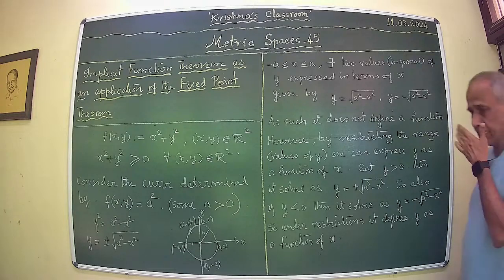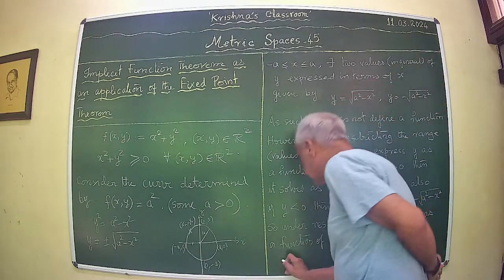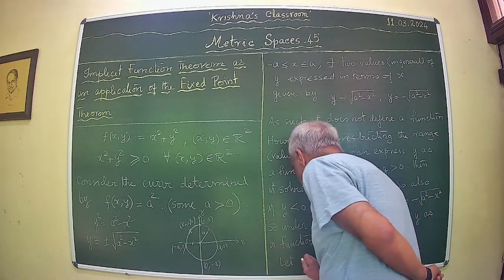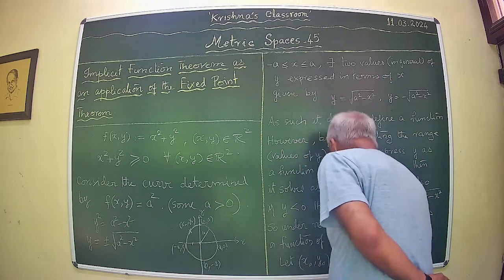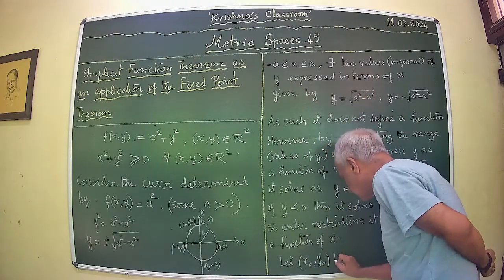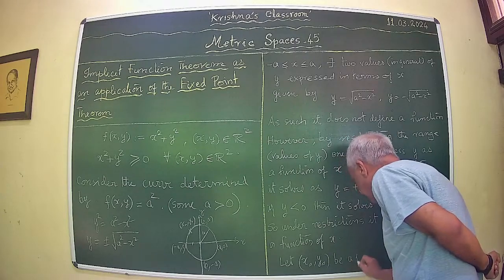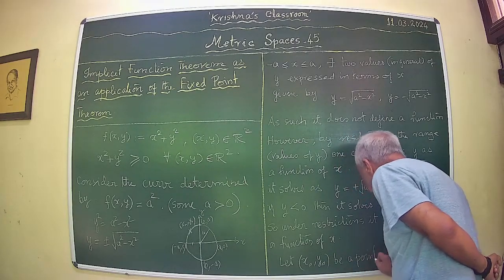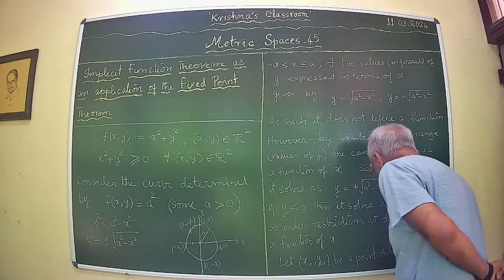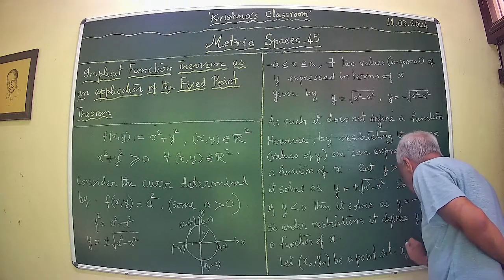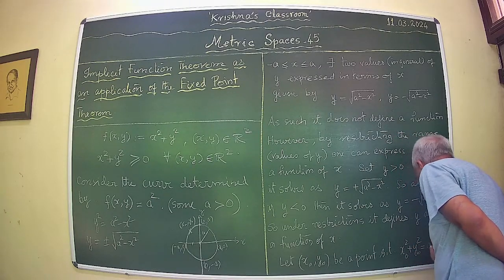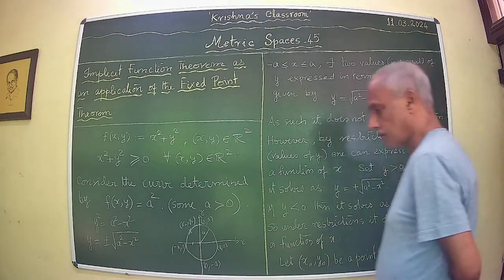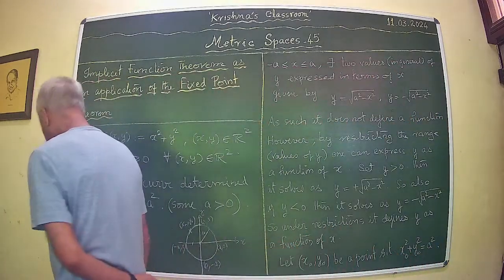Now let us take, so let x naught, y naught be a point such that x naught square plus y naught square equals a square. Okay.